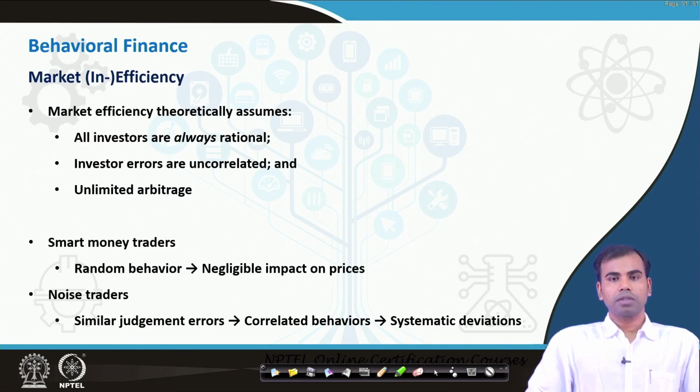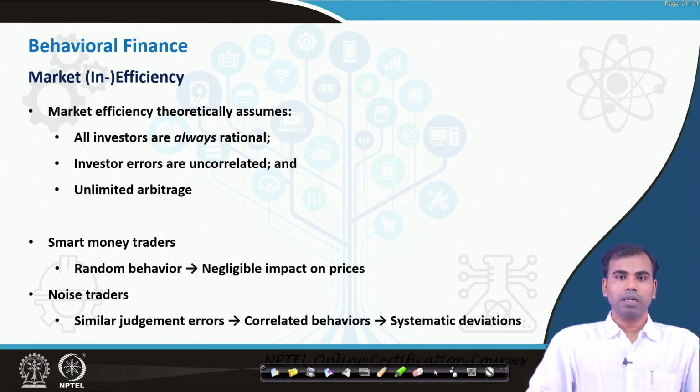Such investors basically follow similar psychology that results in similar judgment errors. When there are judgment errors of similar nature in large volume, that results in correlated behavior, and that will further lead to systematic deviation from the normal.